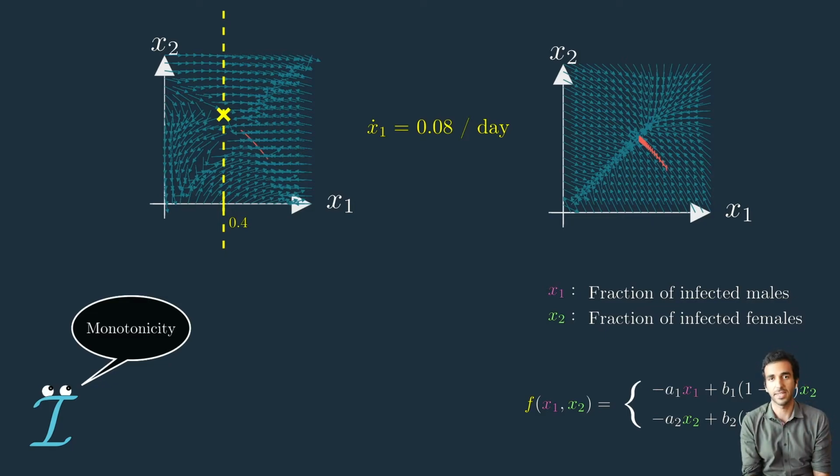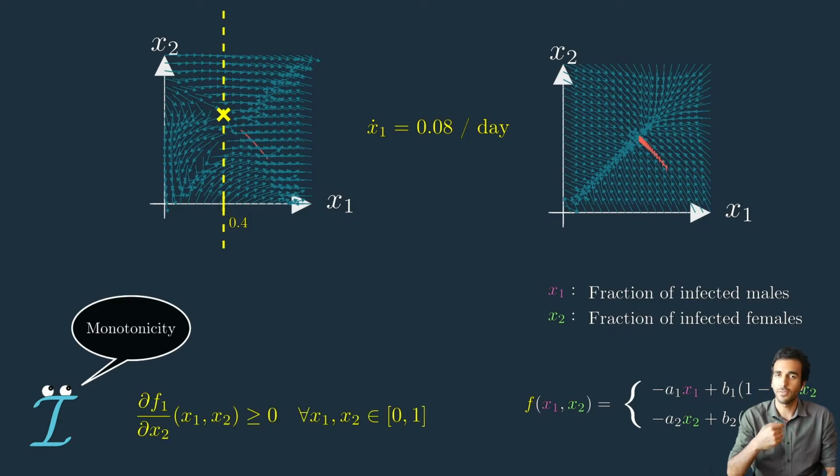So this is not satisfied by this vector field I just learned, and I need to impose this additional constraint explicitly. And it's not very hard to see that this constraint is a negativity constraint on the partial derivatives of the first component of my vector field. And there is, of course, a similar equation that I get by switching the roles of males and females in this explanation I just did.